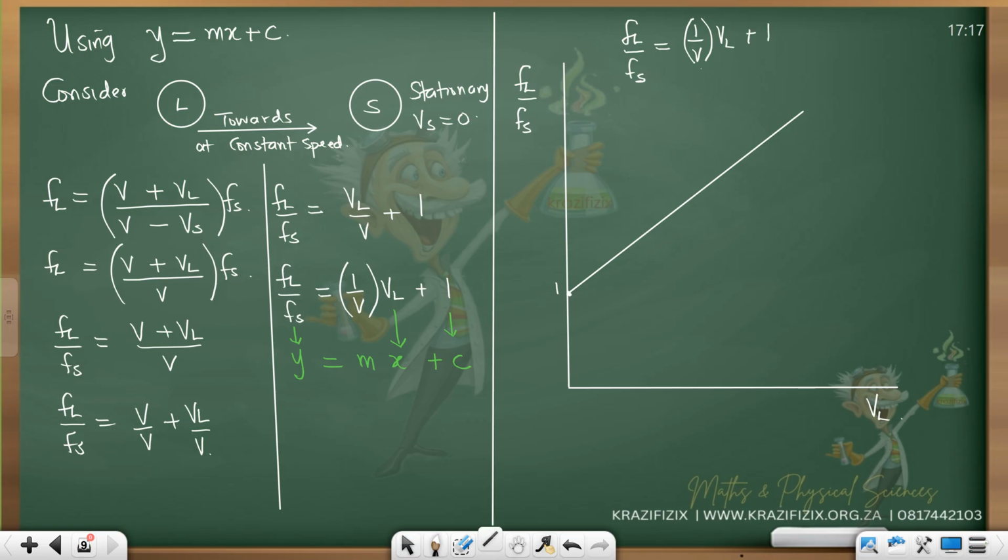That tells me that if I find the gradient, m will be 1 over V. And what is V? It is the speed of sound waves. If you didn't do a question like this while you were doing Doppler, you did incomplete Doppler.